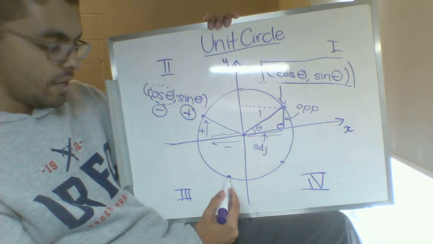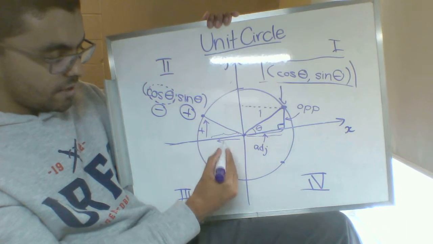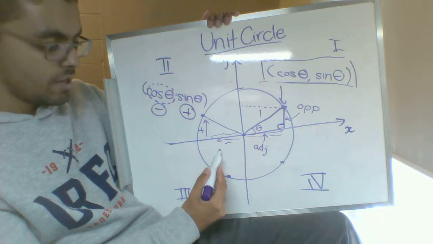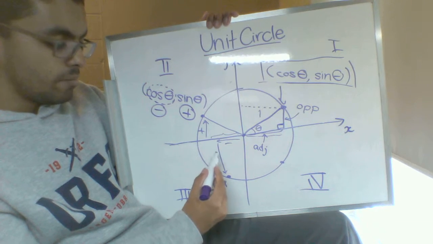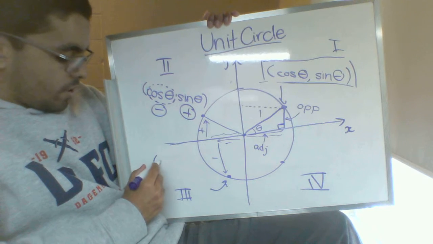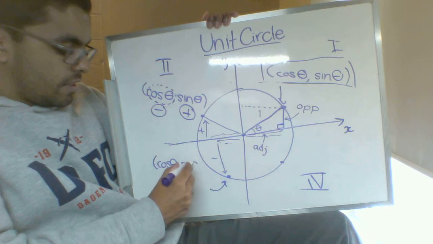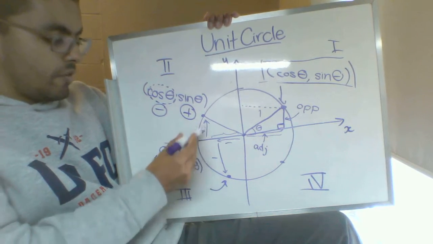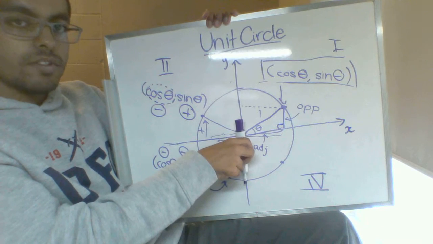All right, now if we look down here, we've moved in the negative x direction to get down this way. We've moved in the negative x direction, and we've moved in the negative y direction. Both of these are negative, right? So if we're describing this point, once again, by cosine theta, sine theta, both of these must be negative if you're in between 180 degrees and 270 degrees.